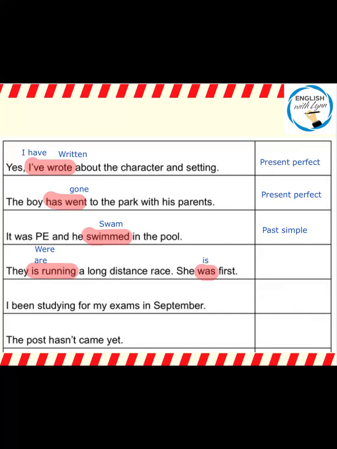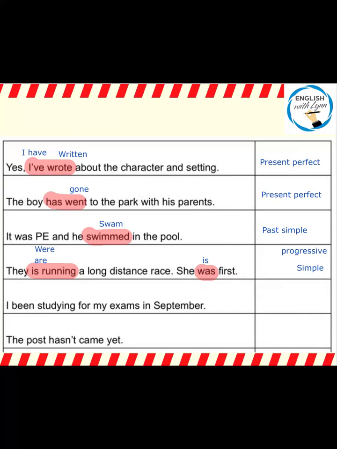So what you have got here, the were running or are running, is the progressive, and the bit underneath, she was first, that is the simple form, and it is up to you to decide whether past or present would make sense, because you would need to look at the whole paragraph for it to make sense.